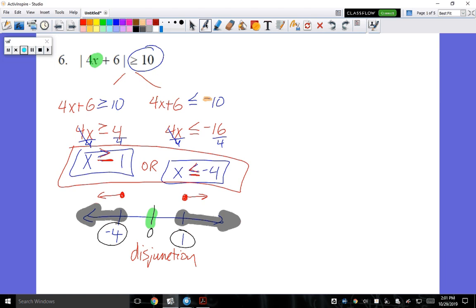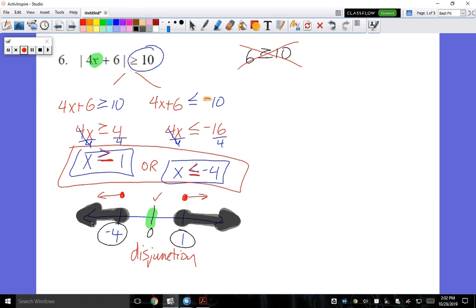The absolute value of that would give me 6 on the left. And 6 is not greater than or equal to 10, so this is not true, and that means this is correct, because 0 isn't supposed to work out since it's not in the shaded region. Our shaded regions are just on this disjunction right here.